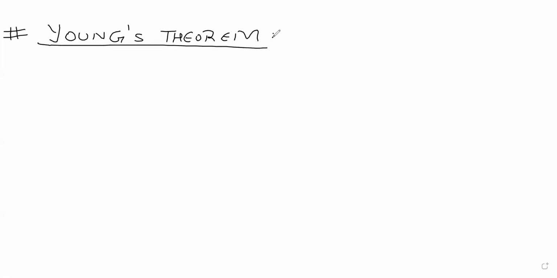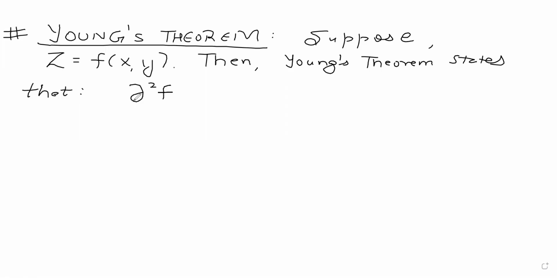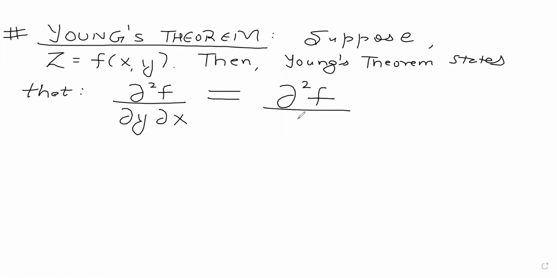Okay, so I'm writing the statement of Young's theorem. Suppose I write that z is a function of x and y, then Young's theorem states that if you differentiate the function with respect to x and then differentiate with respect to y, it will exactly be equal to the derivative of the function first with respect to y and then with respect to x.